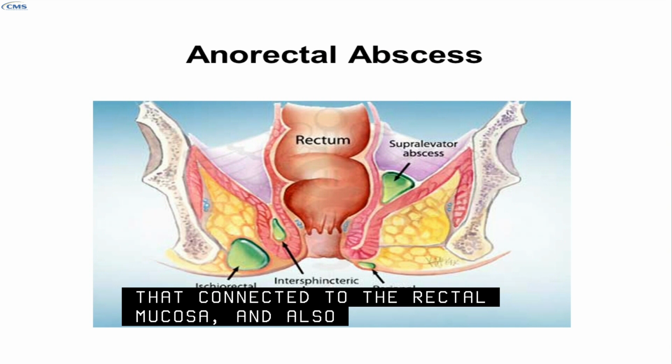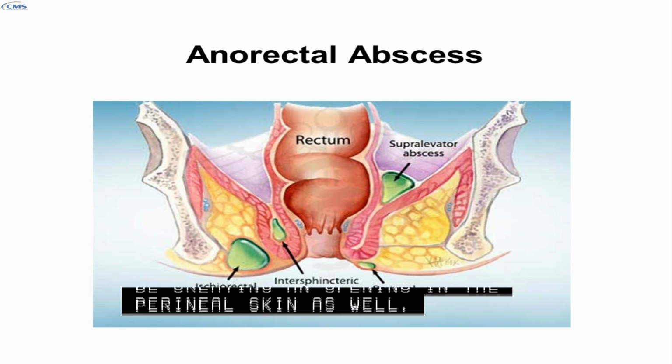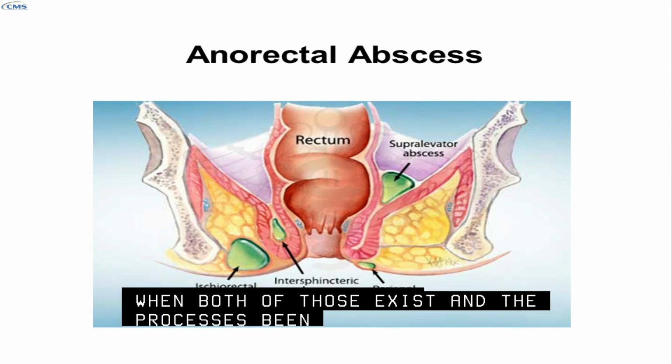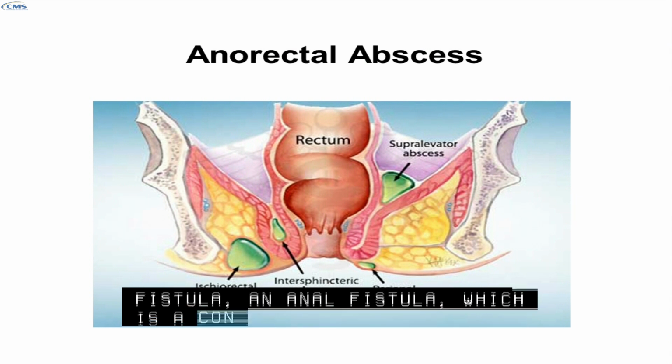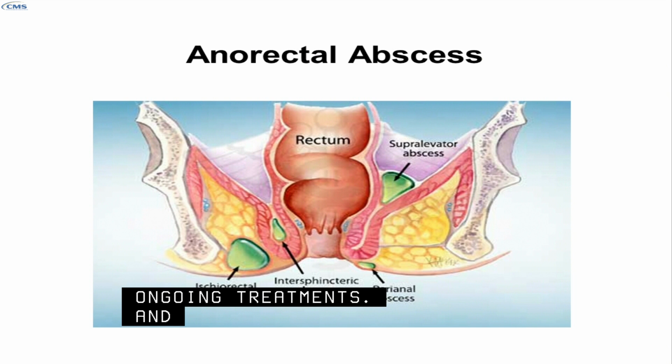When both those exist, then that process has converted to what we call a fistula in ano, or anal fistula, which is a condition that may require ongoing treatment, and potentially even an operation to facilitate healing.